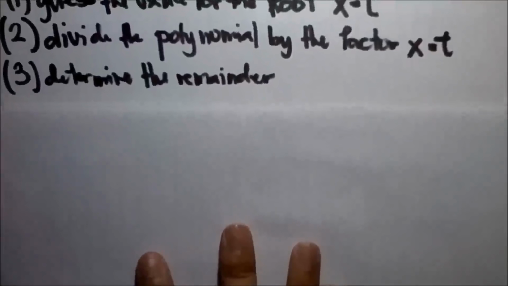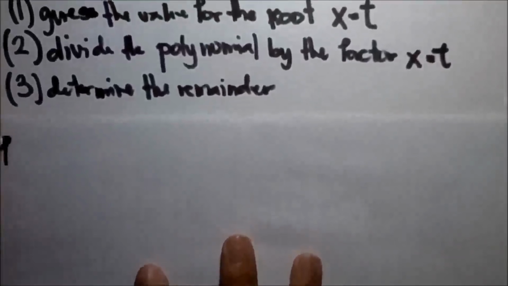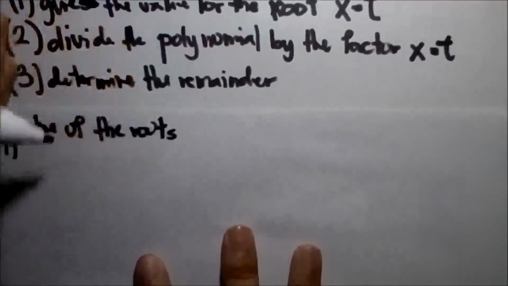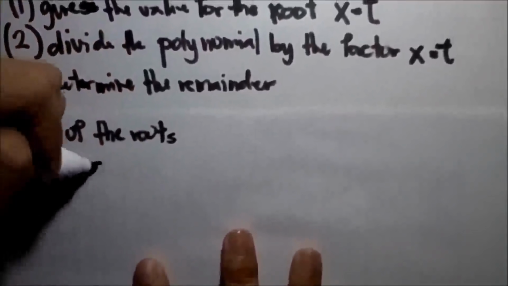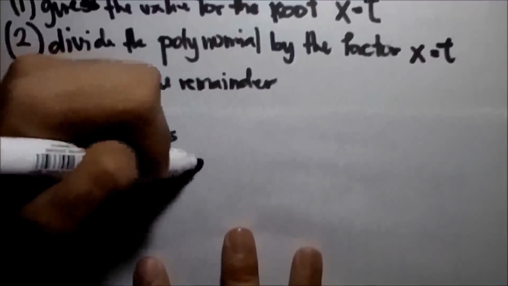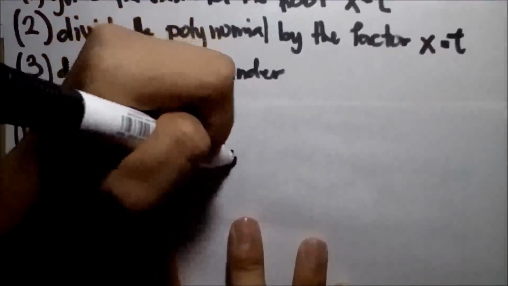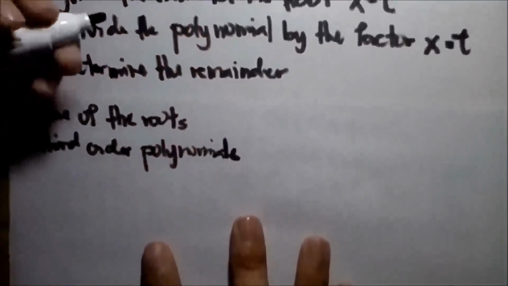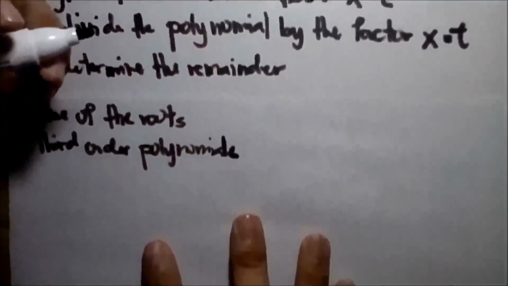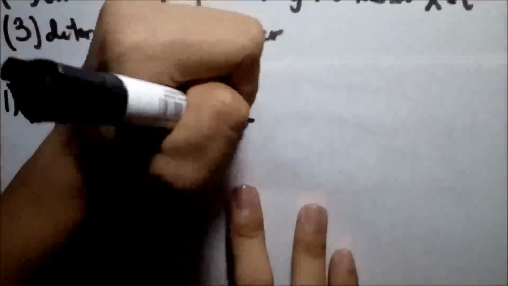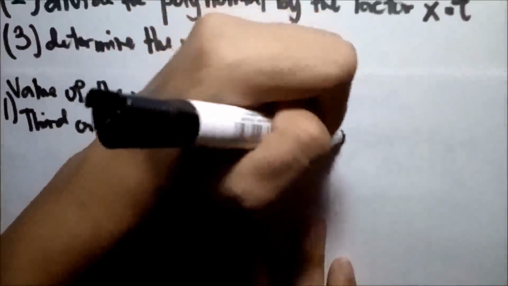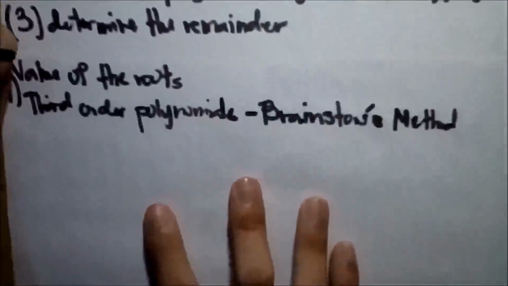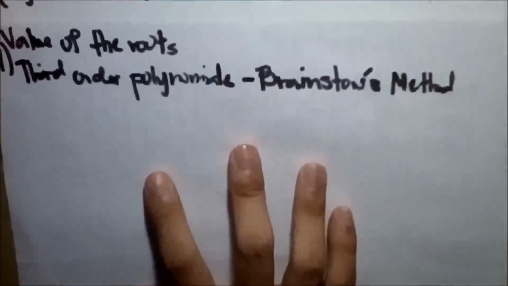If the final answer is a third order polynomial or greater, we must repeat the procedure and iterate more by doing the Bairstow's method again until the answer becomes a single polynomial.